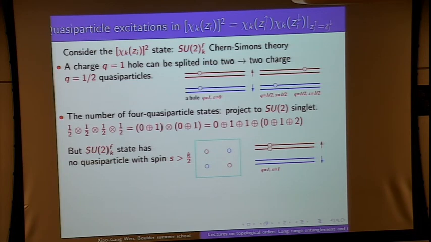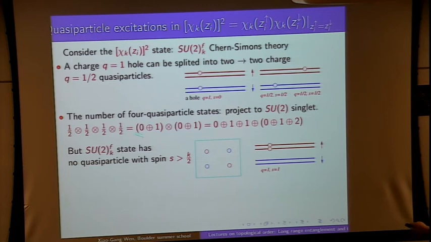Then we ask the following question: for the independent partons, how many states do we have? After we fix the locations, how many states do we have? It's pretty simple, because each parton is like a spin 1/2, so each one has a doublet. So we have 4 doublets.